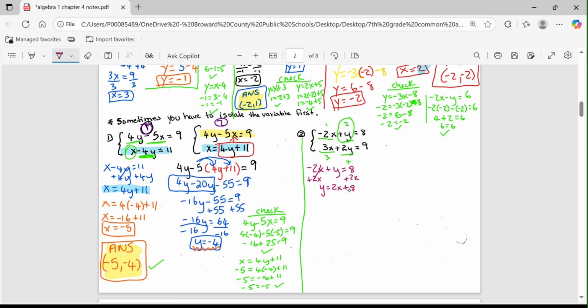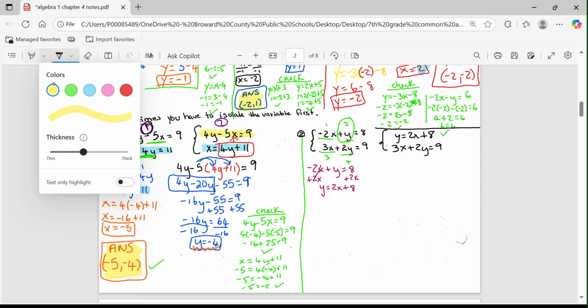Now that I know that is the isolated form, I could rewrite my whole equation so that it's y equals 2x plus 8 and 3x plus 2y, that's equal to 9.